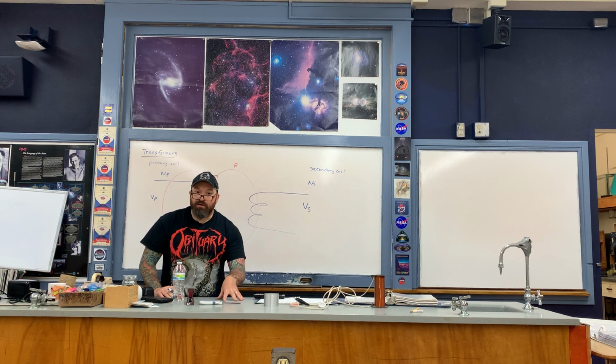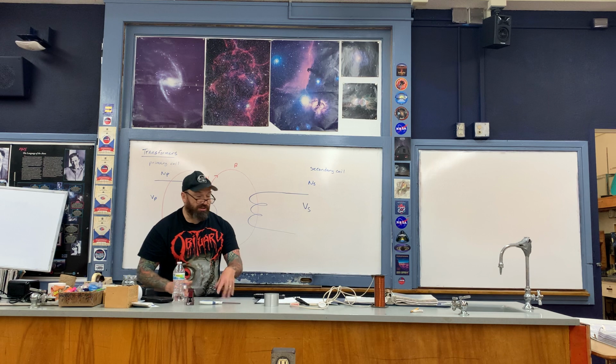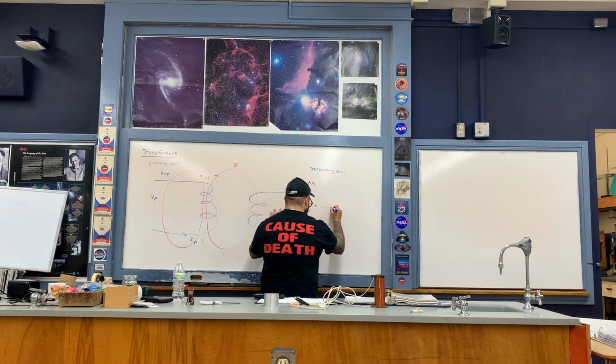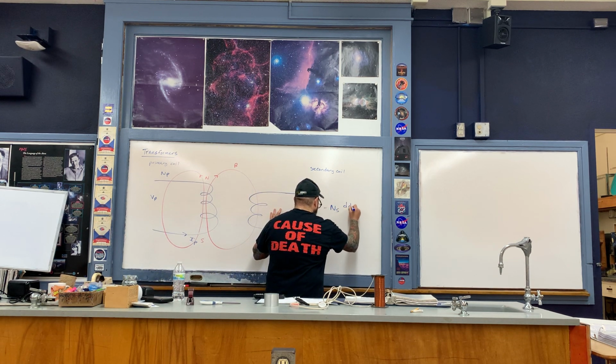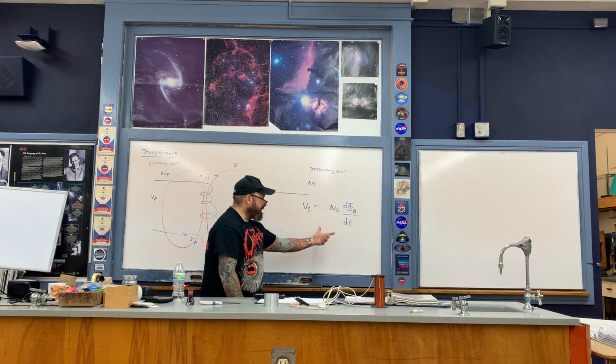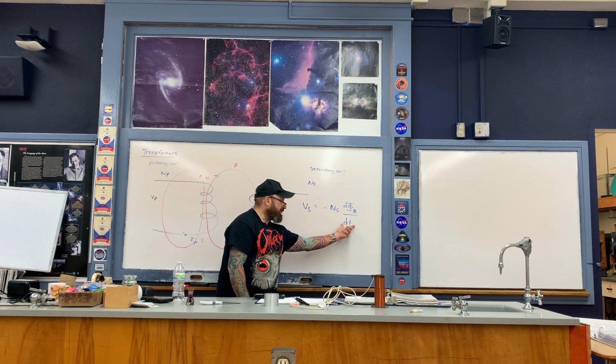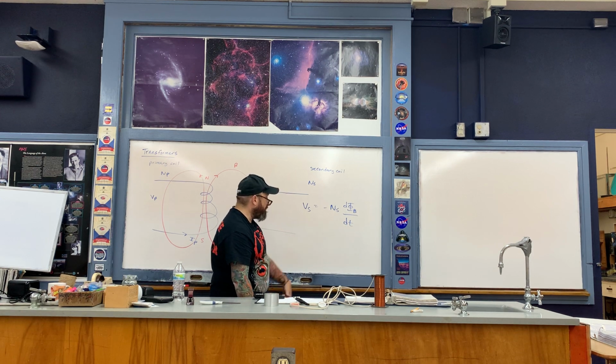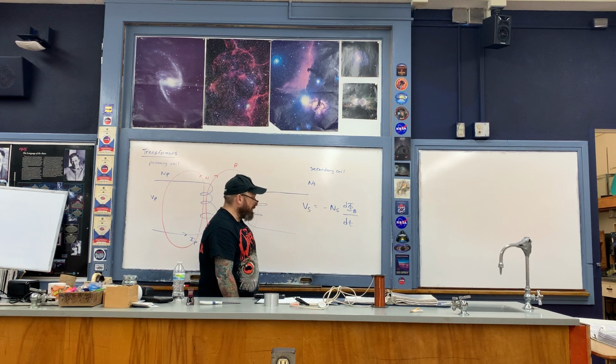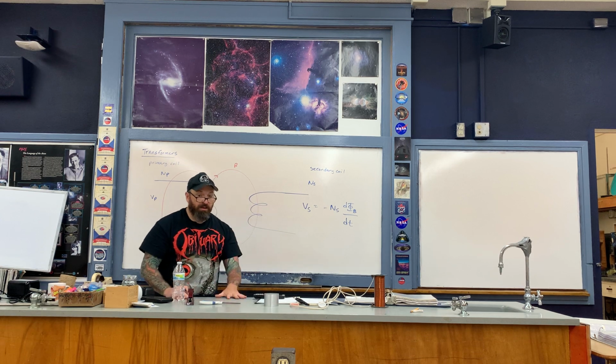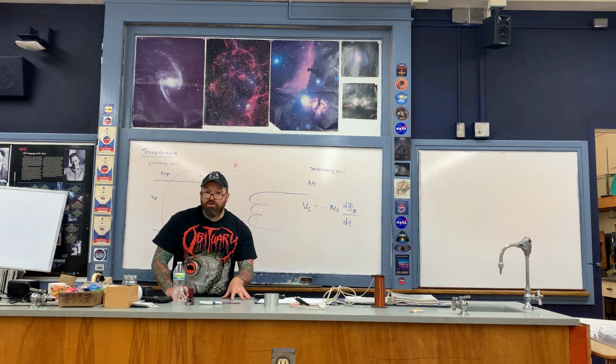Okay, now from Faraday's law, that induced voltage is the following. This expression here, where this is the changing magnetic flux through the secondary as a function of time. This right here is the number of turns within the secondary. Okay, now the induced current always has to flow such that it opposes the changing magnetic flux.